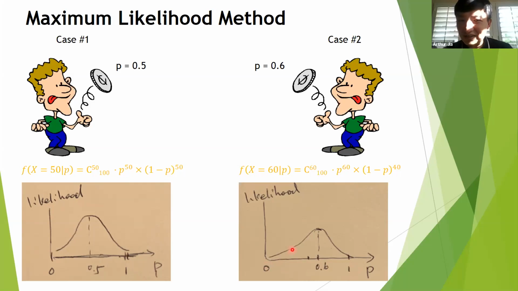Now this is the likelihood function. So if he tries a very small p-value, this likelihood function will give him a very small value for this likelihood. And if he tries a very big number for P, he will still end up with a very small likelihood.